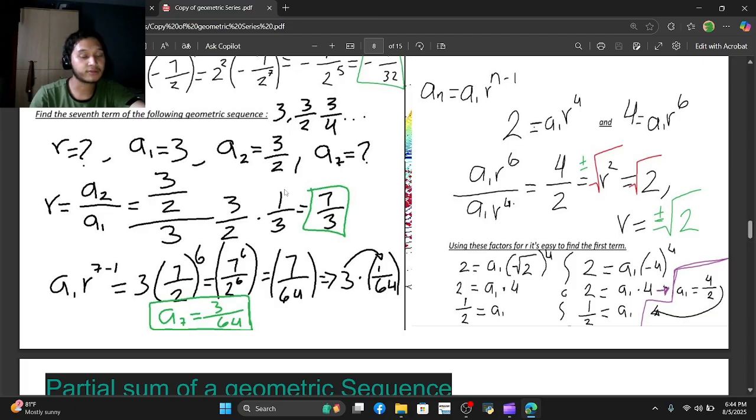How many ones can enter in 3? 3. But because I flipped it, I had to put 1 here. This number, if this number is 3, now this number doesn't have to be 3. It has to be the double of that.